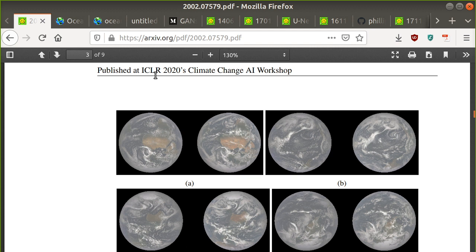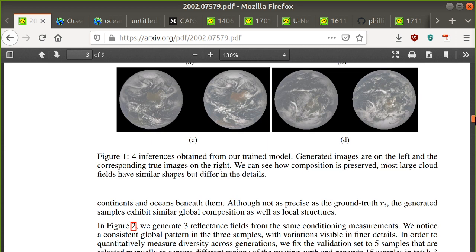They want to calculate actually sharp, realistic possible outcomes. And ideally, they'd like to be able to give you multiple possible outcomes consistent with the data, right? So given our meteorological values, we'd like to be able to produce samples from the probability distribution, essentially saying what are the plausible configurations of cloud cover given the meteorological values, which I believe they get from one of the ERA data sets.